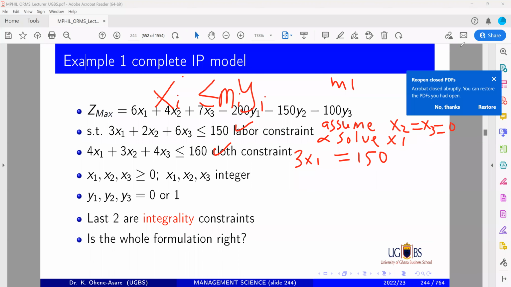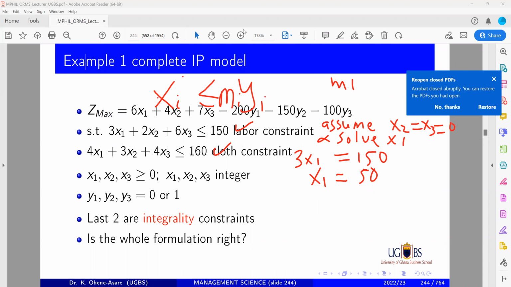I hope you are with me. So what is the value of x1 here? Since x2 and x3 are 0, 150 divided by 3 is what? Good answers. So now we know that the value of x1 in this first constraint is 50. All right, put that down.